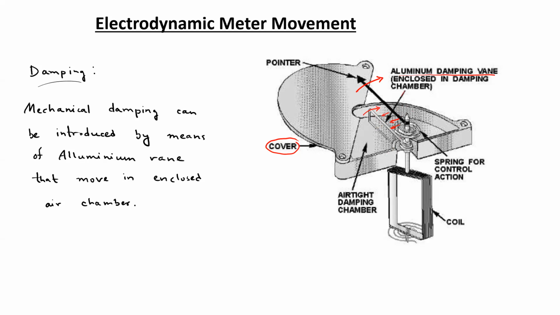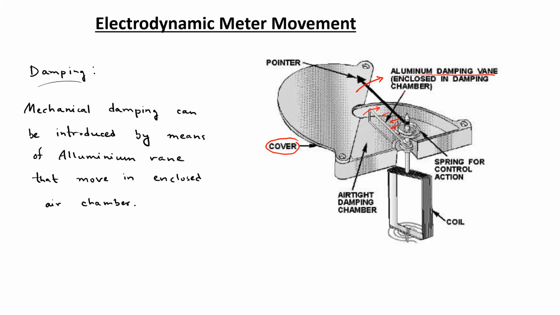So as it has to work against the force of the air, some sort of damping is ensured through this mechanism. So the pointer cannot rapidly or abruptly jump from one point to another. Rather, due to the restriction that the aluminum vanes are experiencing, the movement of the pointer will be gradual or slow compared to before.